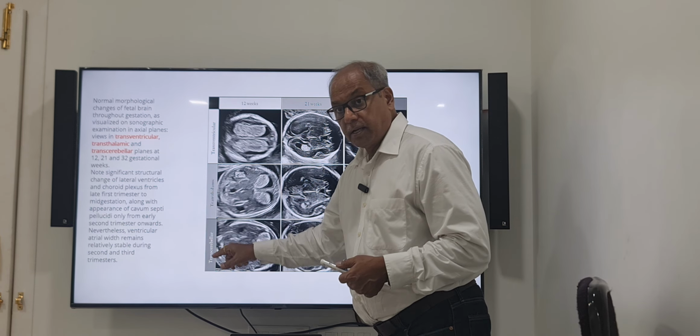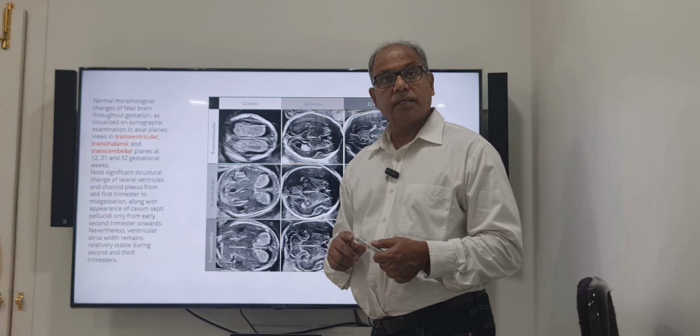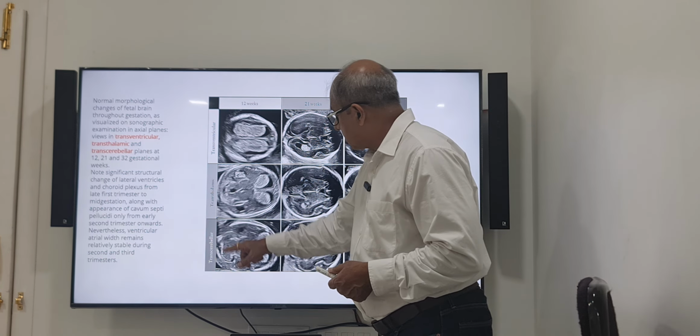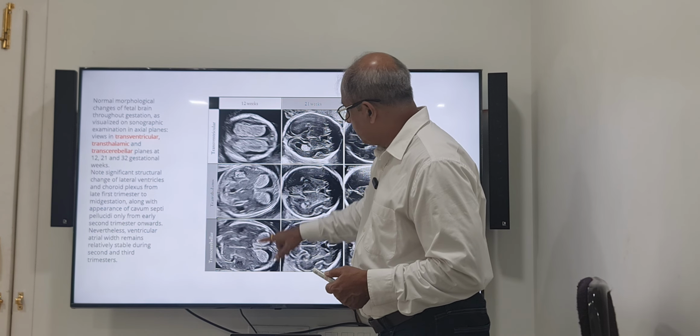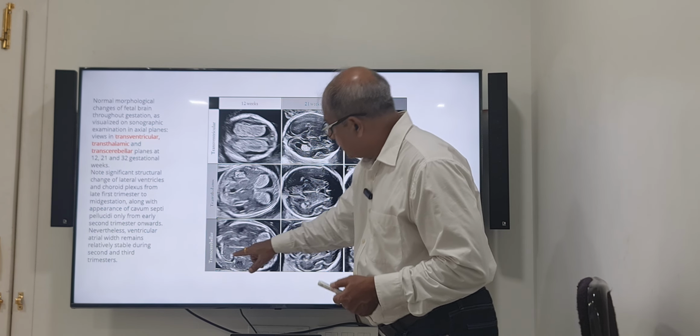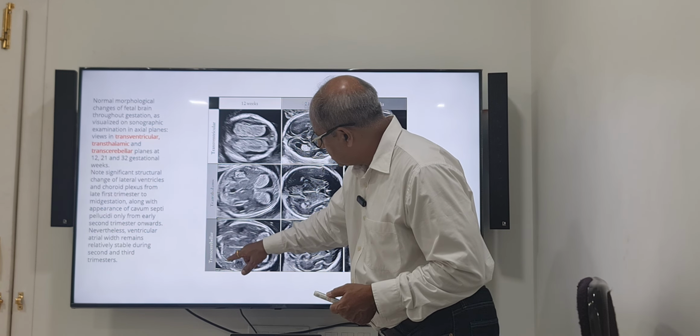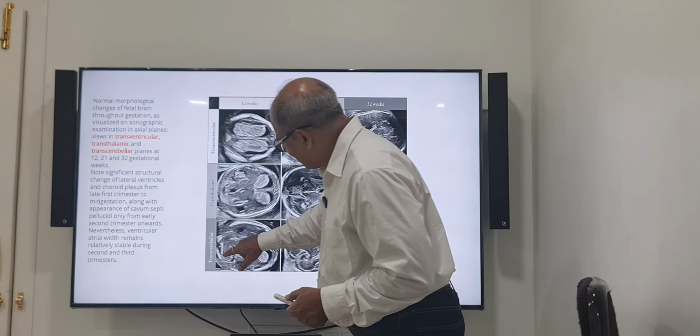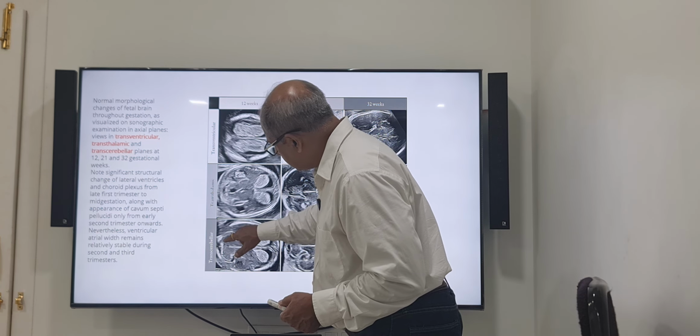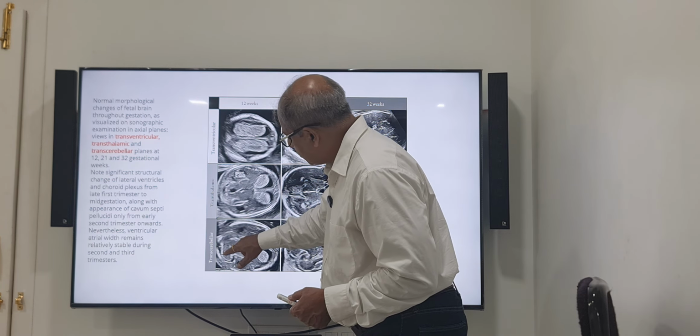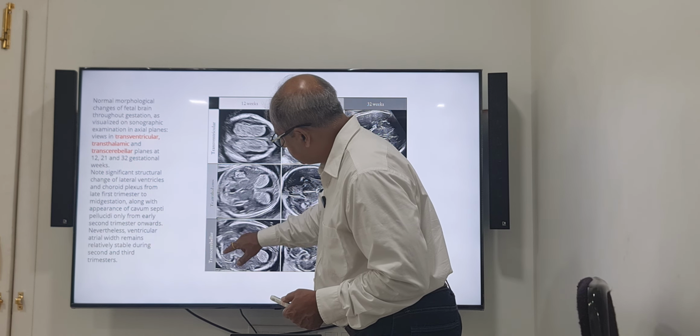And the transcerebellar plane, if you see it at 12 weeks, very difficult to see, but you can see there is formation of the choroid plexus of the fourth ventricle.